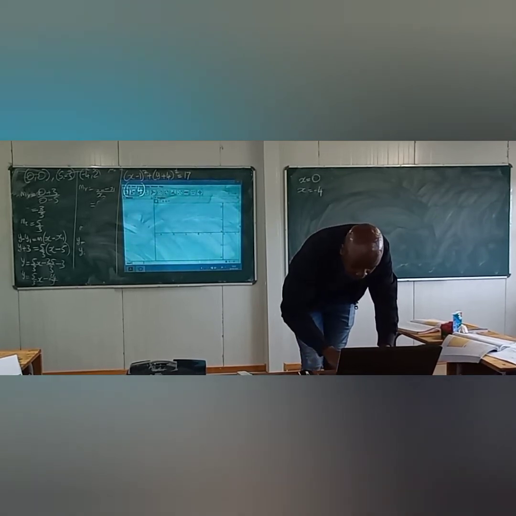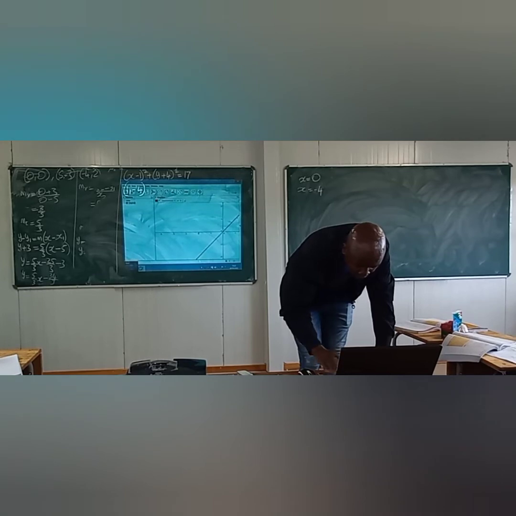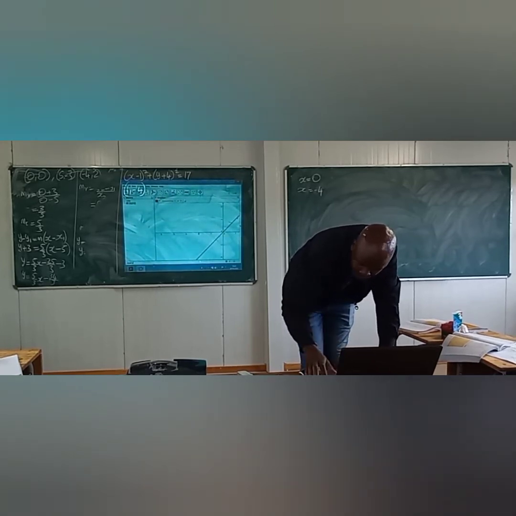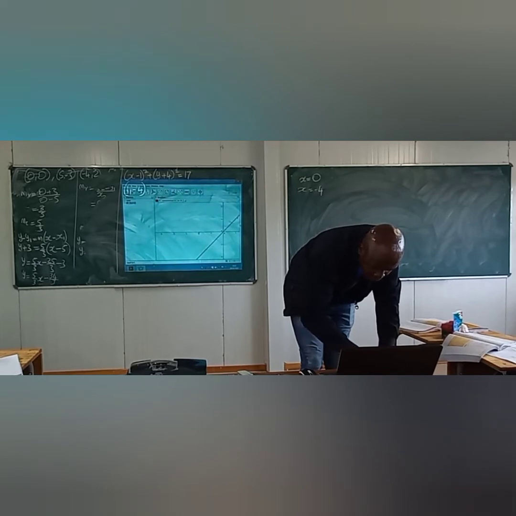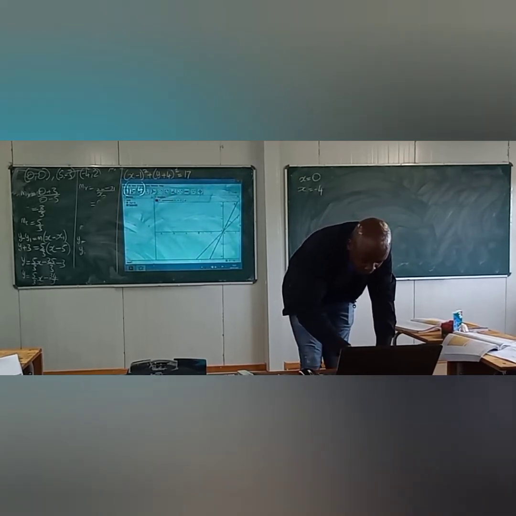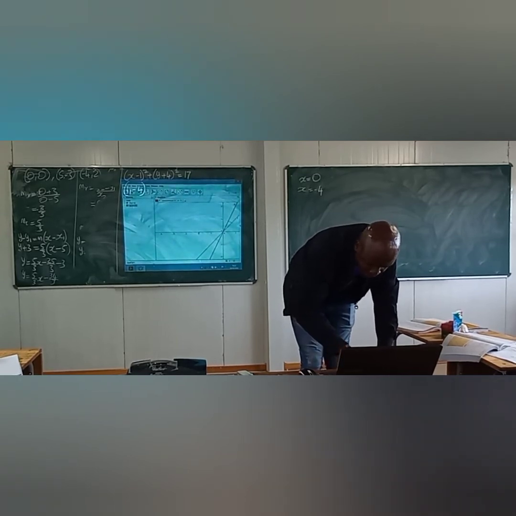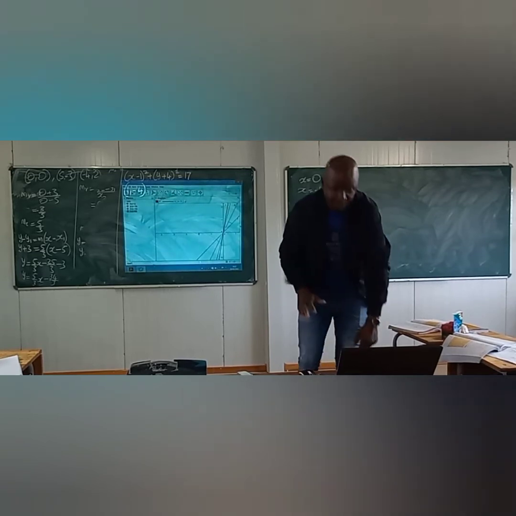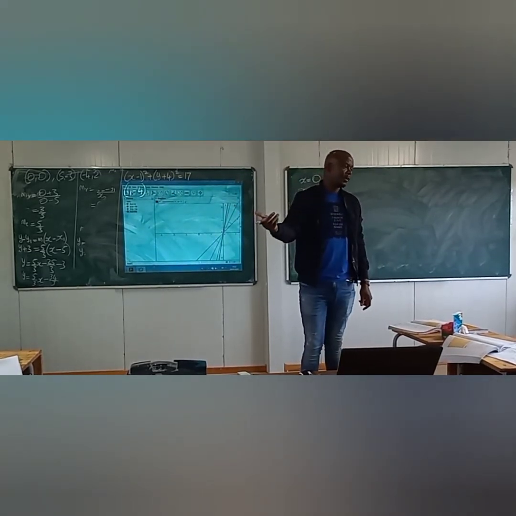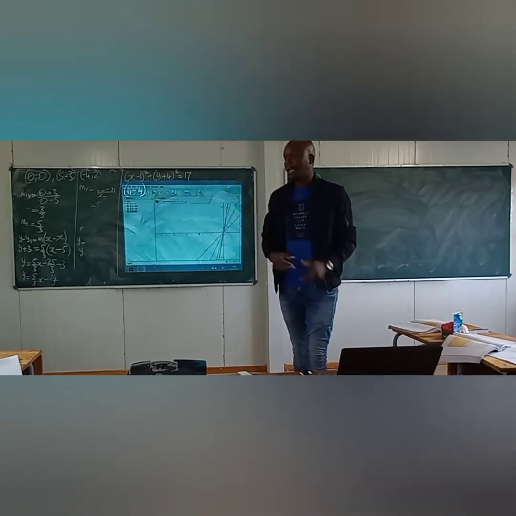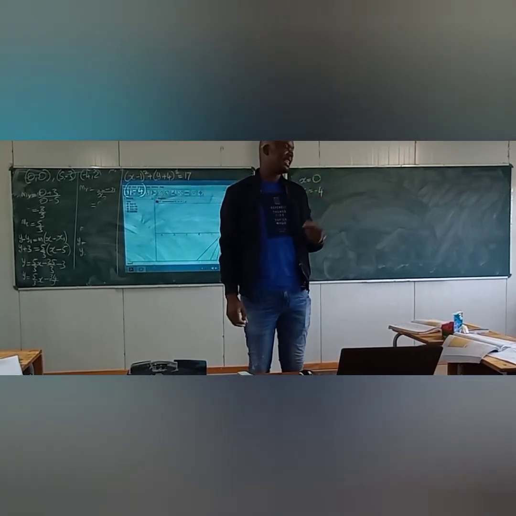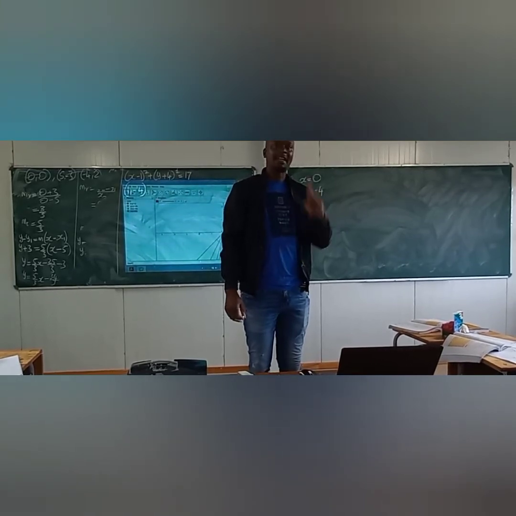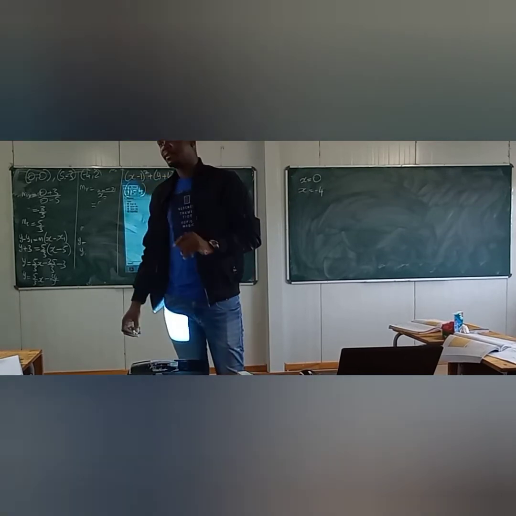Take y equals x. Very well. Then y equals 2x. Then y equals 4x. Then y equals 6x. In terms of the equation, the graph of a line in the form y equals gradient times x.